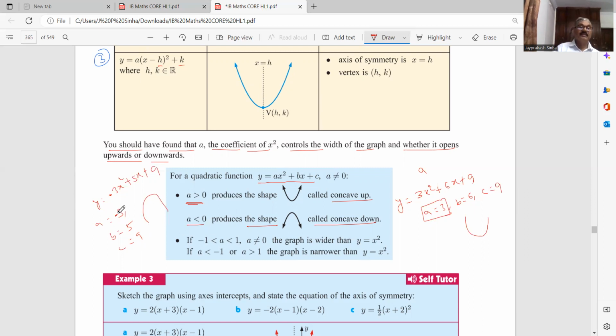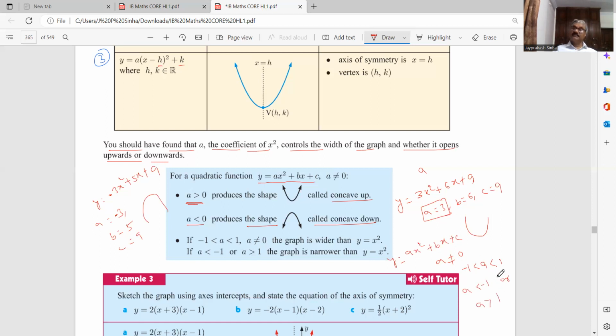Now, if this value ax square plus bx plus c, here in this case, a cannot be 0. Okay, but a can be negative, a can be positive, a can be between -1 and +1, and a can be less than -1, or a is greater than 1.